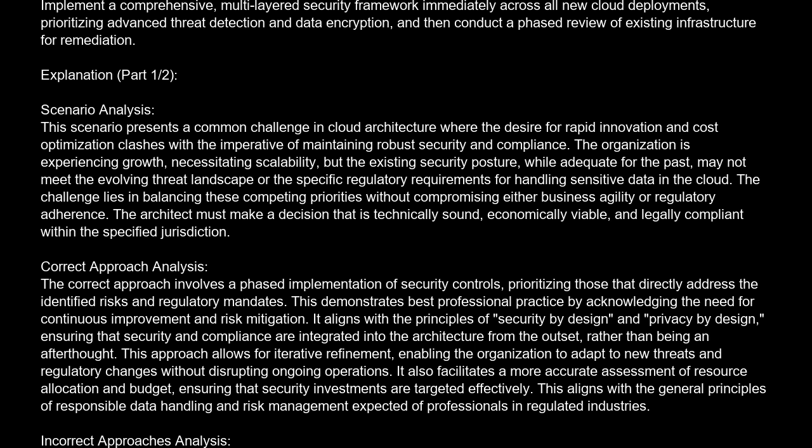This approach allows for iterative refinement, enabling the organization to adapt to new threats and regulatory changes without disrupting ongoing operations. It also facilitates a more accurate assessment of resource allocation and budget, ensuring that security investments are targeted effectively. This aligns with the general principles of responsible data handling and risk management expected of professionals in regulated industries.